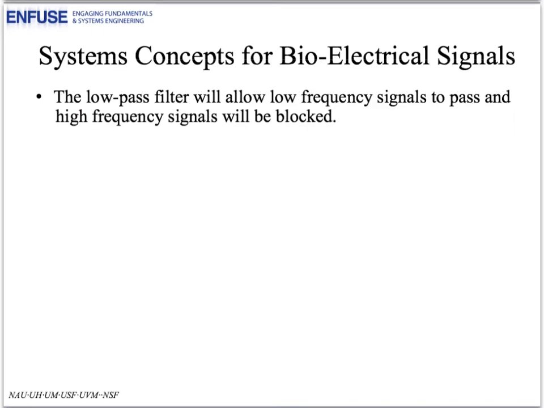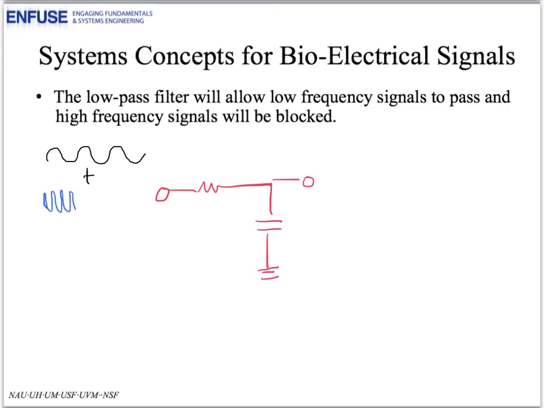So in our pulse waveform, we talked about the fact that it actually contains some content that is at a low frequency and some content that is at a high frequency. So you can think about, for example, having this RC filter here, and we may have some low frequency signals coming into the filter simultaneously with high frequency signals.